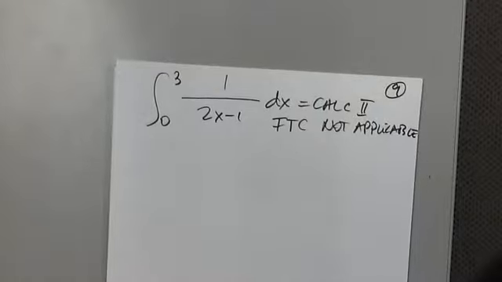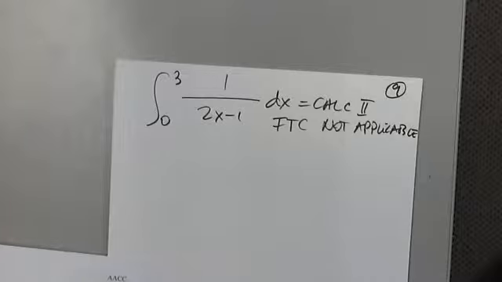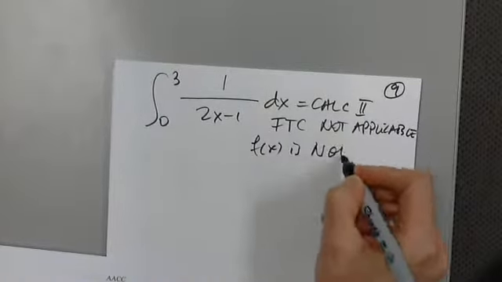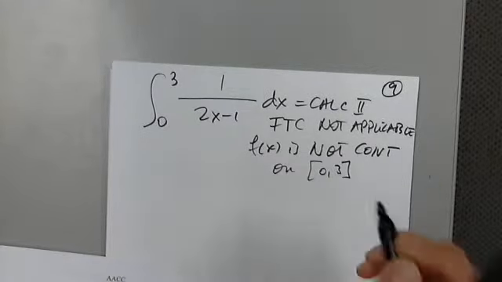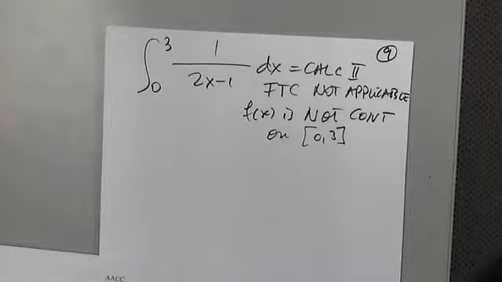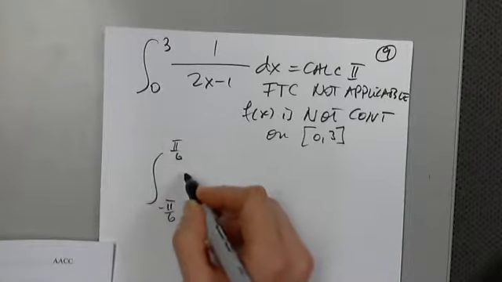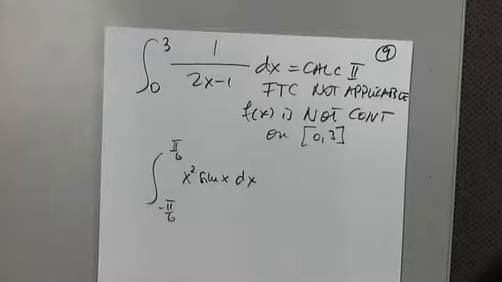So on the test, is that what you want? That's it. You don't have to write Calc 2, but you have to write fundamental theorem of calculus not applicable. F of x is not continuous on 0, 3. Please always remember that, because this theorem is not applicable.